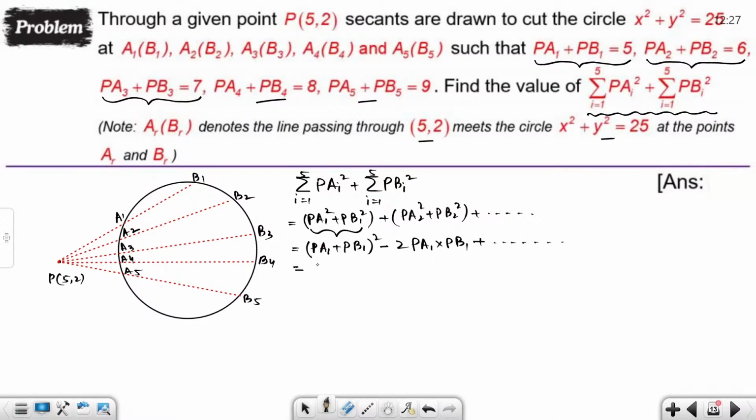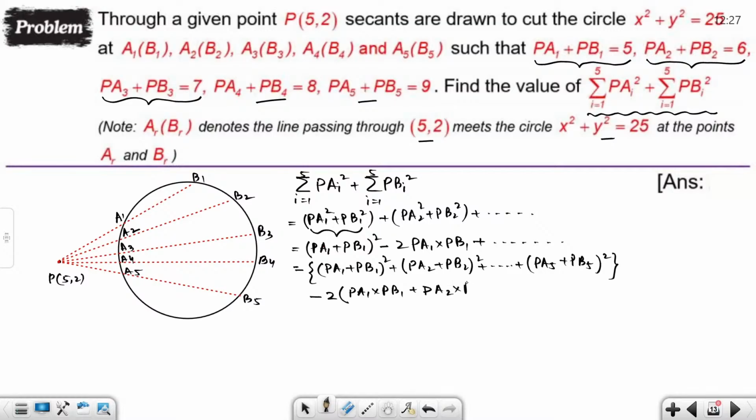So actually we are getting PA1 plus PB1 whole square. Similarly, PA2 plus PB2 whole square. And this goes on, and the last term will be PA5 plus PB5 whole square, right? And the second terms will come in this. If I take 2 common, we have PA1 into PB1, PA2 into PB2, and also the other terms.